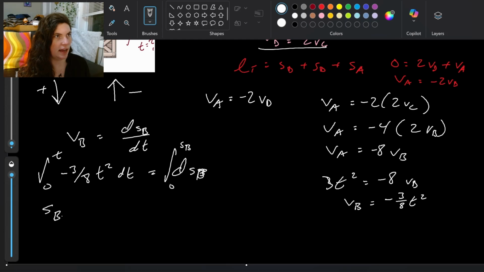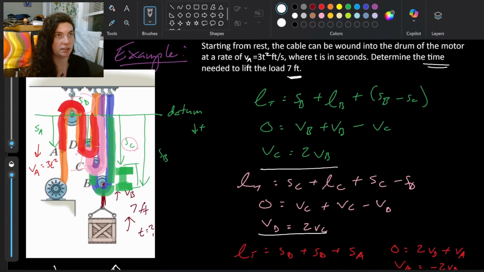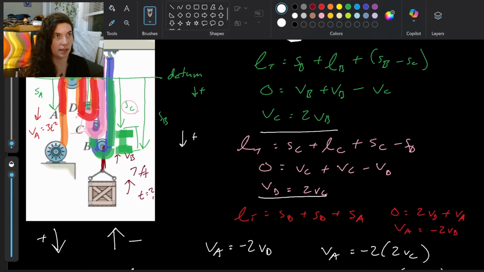So here I'm going to get SB is -1/8 t cubed. Now remember, I'm lifting this box by 7 feet. The box is going up 7 feet. It's going against the datum direction. Datum direction is down positive.